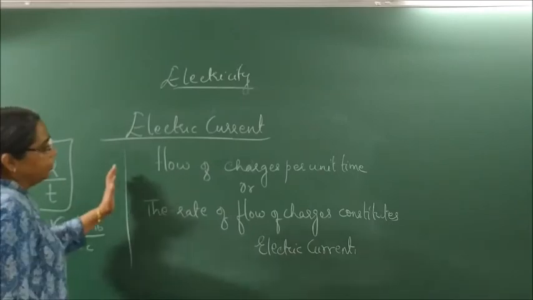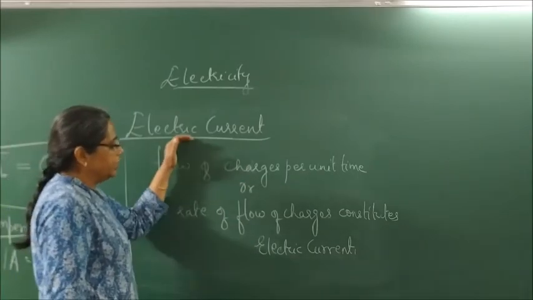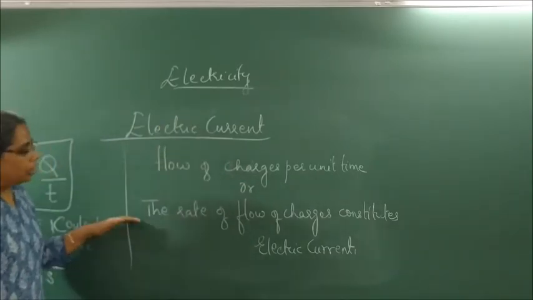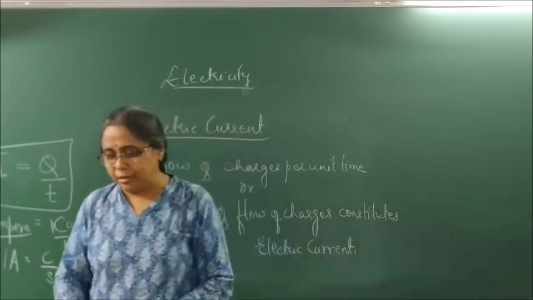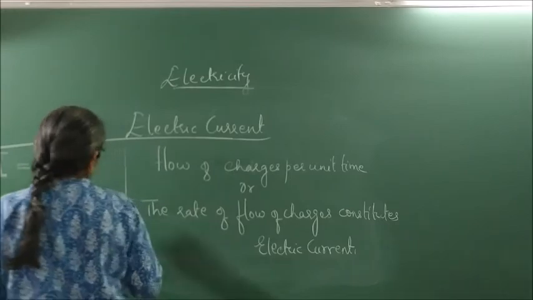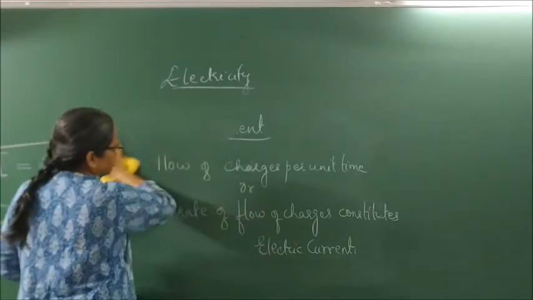Right till here: flow of charges per unit time is electric current, or the rate of flow of charges constitutes electric current. After that, I am rubbing this part.